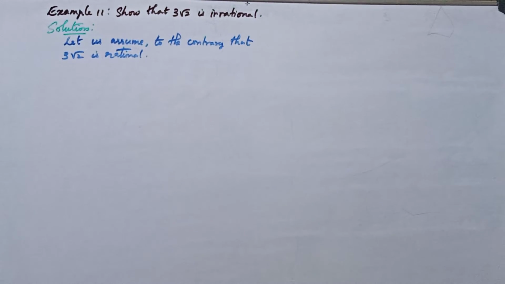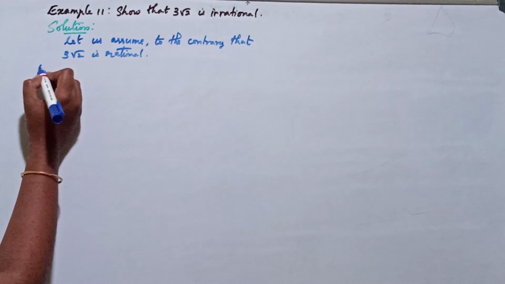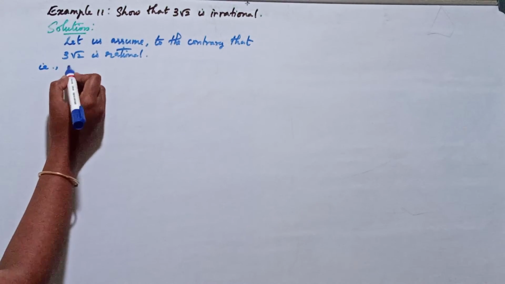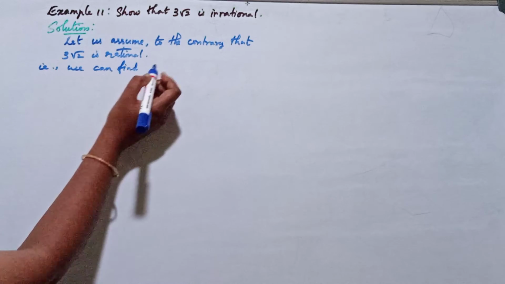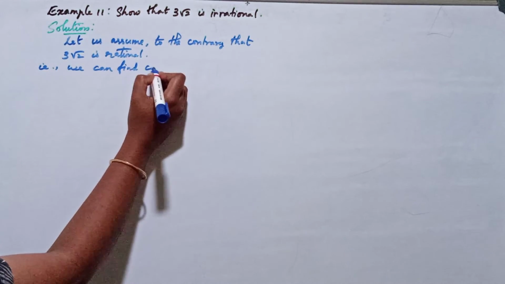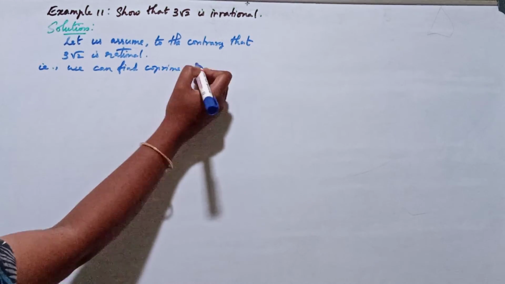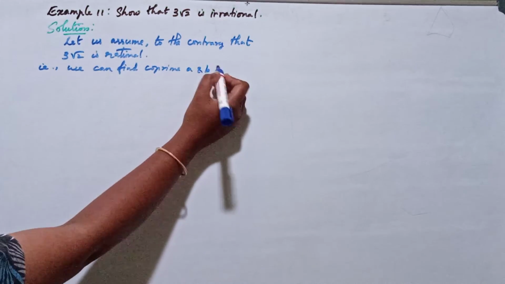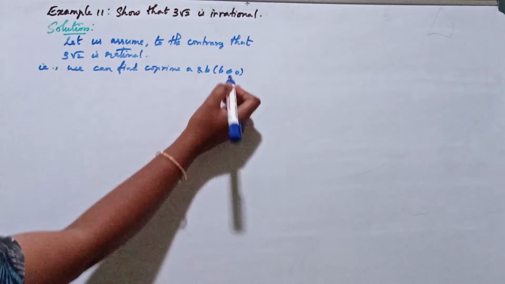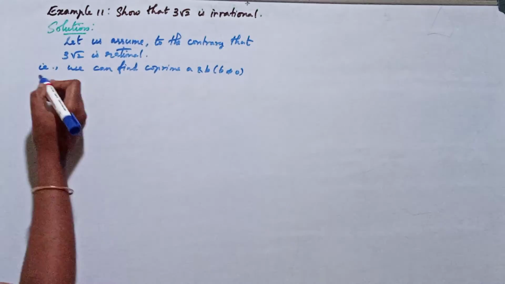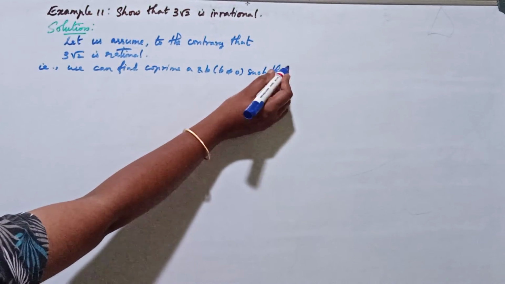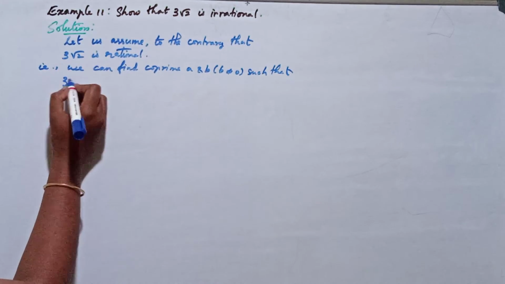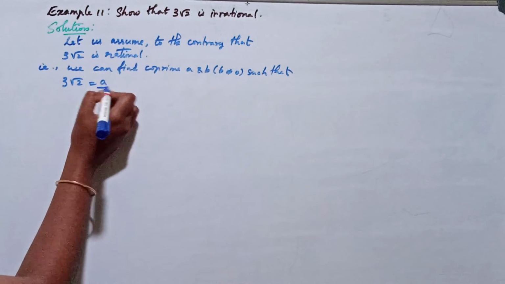Then what is the next step? You are going to find co-prime a and b where b is not equal to 0, such that 3 root 2 is equal to a by b.